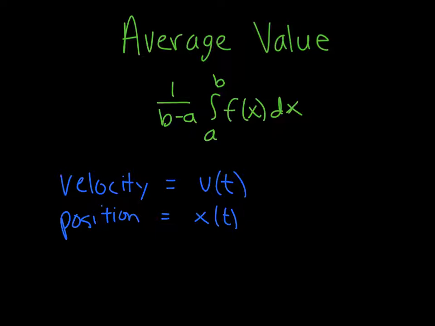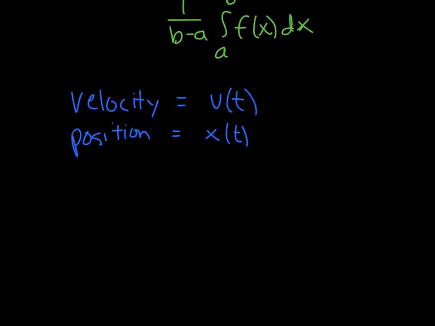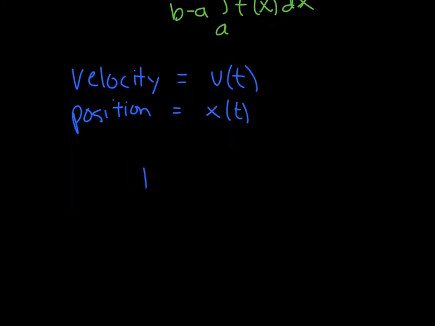Let's say that's a question they ask you. So you would have 1 over b minus a times the integral from a to b of v of t dt.